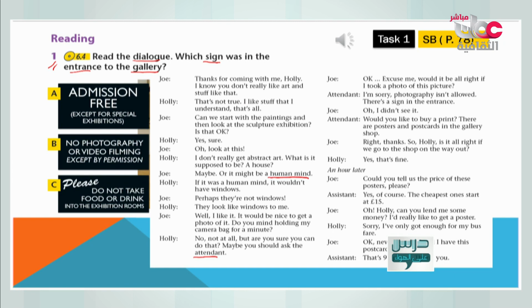Could you tell us the price of these posters, please? Yes, of course. The cheapest ones start at £15. Oh. Holly, can you lend me some money? I'd really like to get a poster. Sorry. I've only got enough for my bus fare. OK, never mind. Could I have this postcard, please? That's 95p. Thank you.